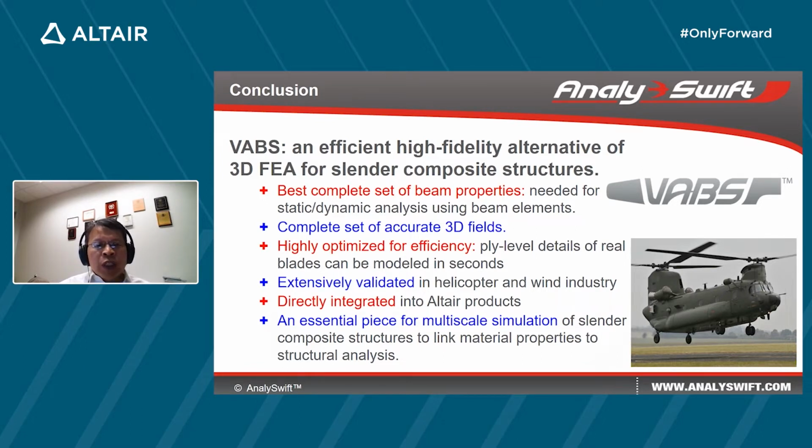We find it is getting more verified in its accuracy and also its usefulness. And it's now directly integrated into Altair products. It is an essential piece of multiscale simulation of slender composite structures to link the material properties to the structure analysis.